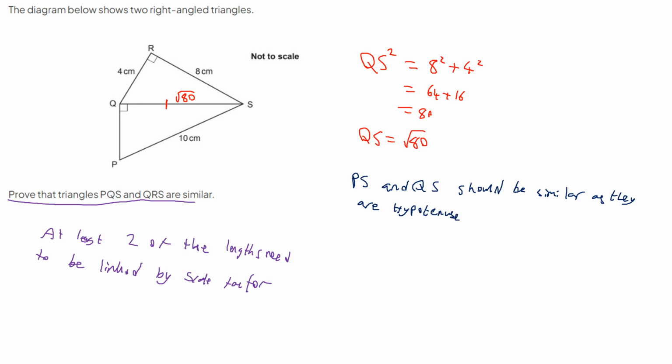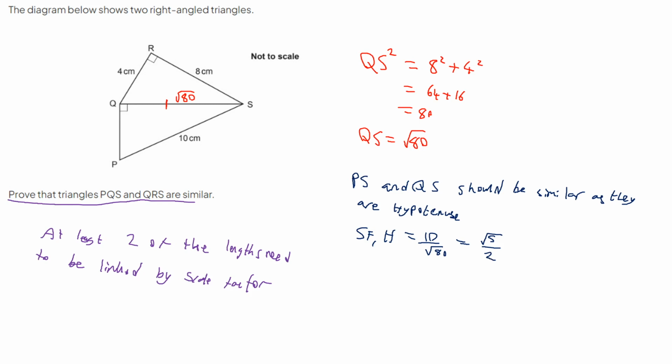The scale factor for the hypotenuse is just going to be 10 divided by root 80, which is equal to, if we plug that into our calculator, root 5 over 2, excuse me. Alright?